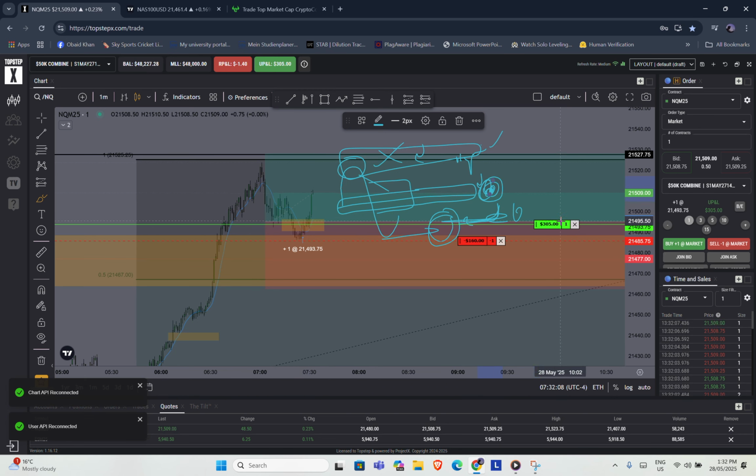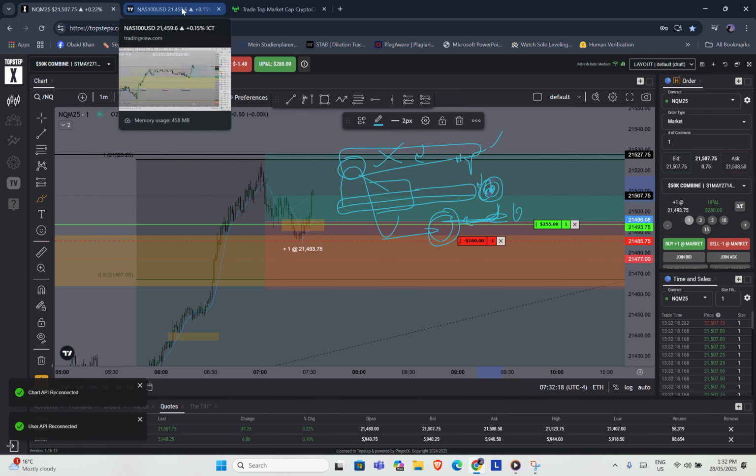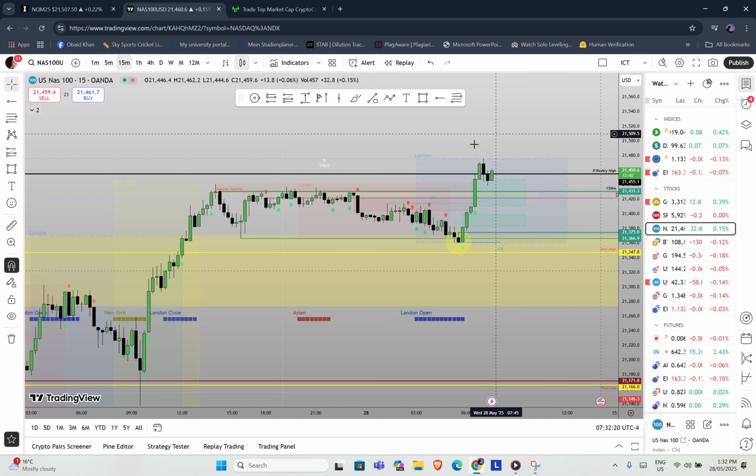Why I was so confident in this trade is because I already knew that the market is in an extended form. It has to retrace 30-40% as it's retraced here, and then it's gonna go up. So this is what it did in this specific case.